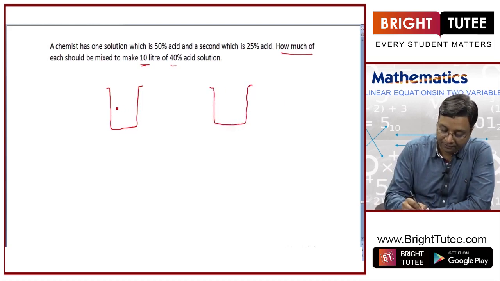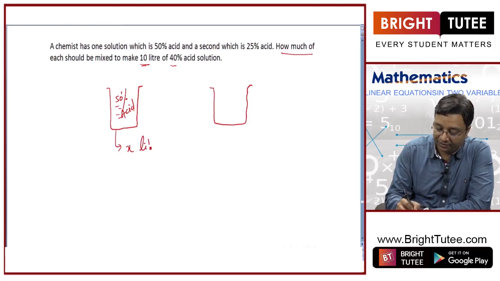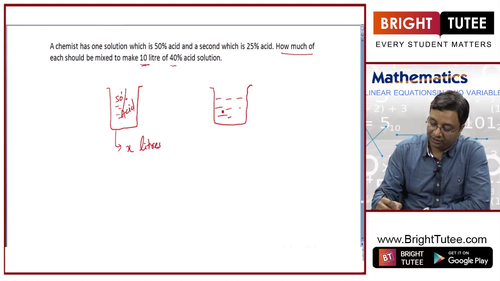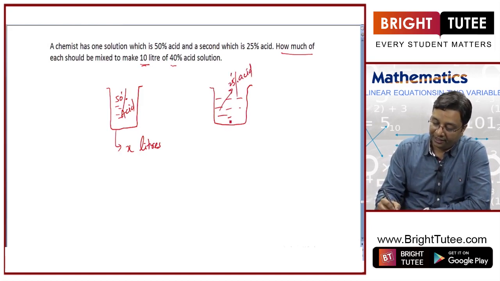Let us say this solution is 50% acid solution, and let us assume this solution is x liters. And he has got another solution which has got 25% acid in it, and we are assuming that this is y liters of solution.